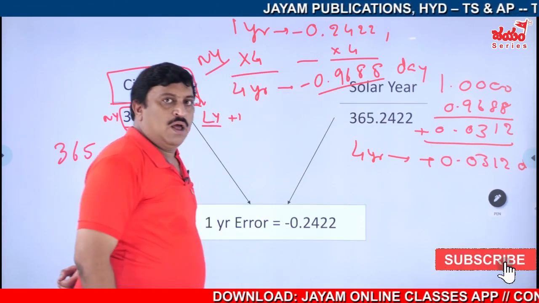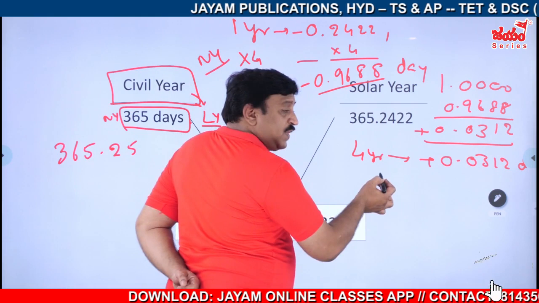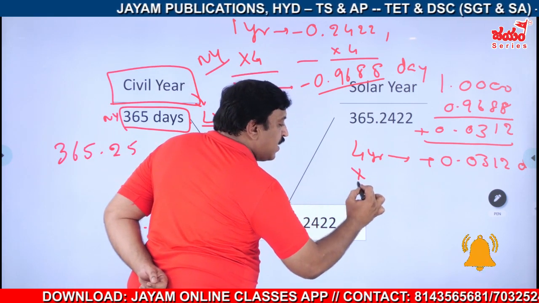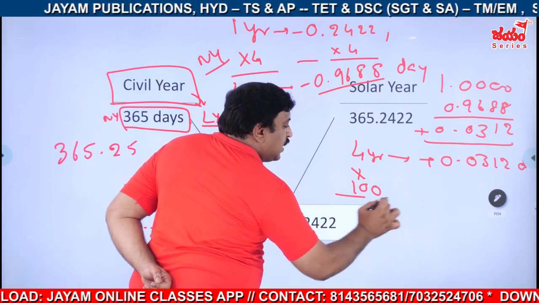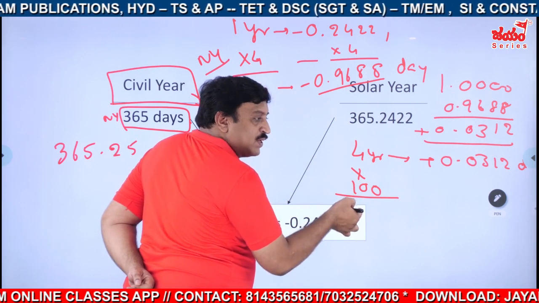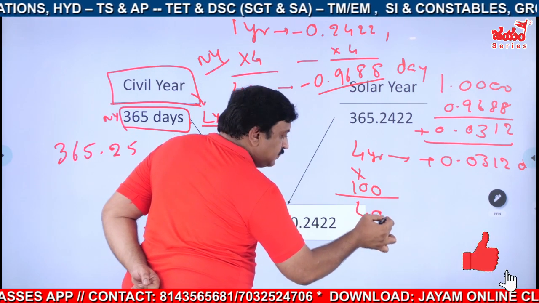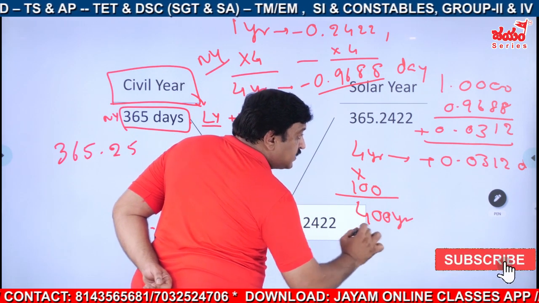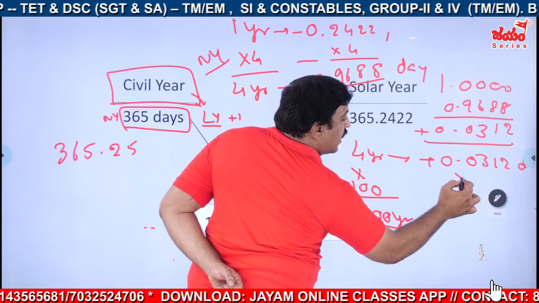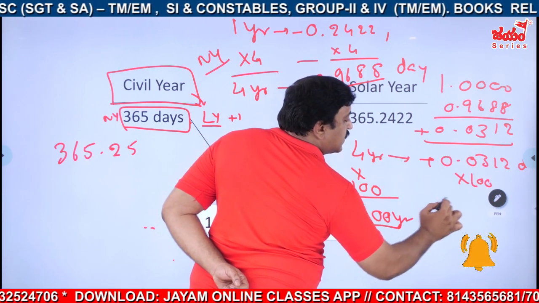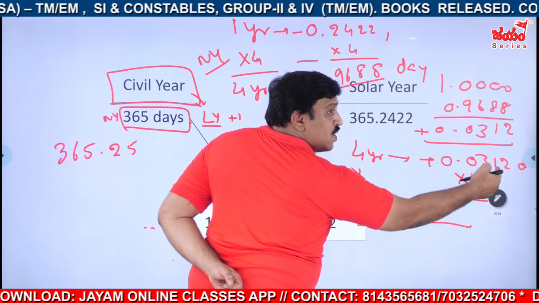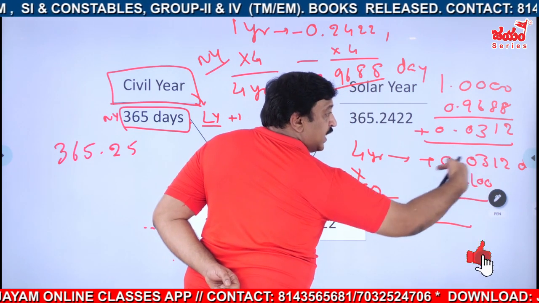0.0312 day. For this one, if I multiply it by 100, what happens? Let us see. 4 years into 100 means how many years? 400 years. In 400 years, what is the error? Just put into 100. That means definitely 2 decimals to the left-hand side.